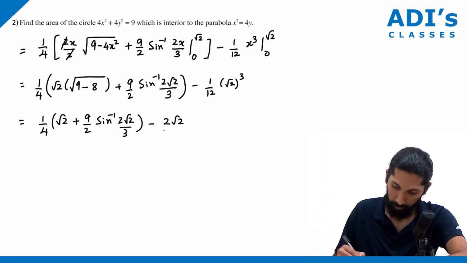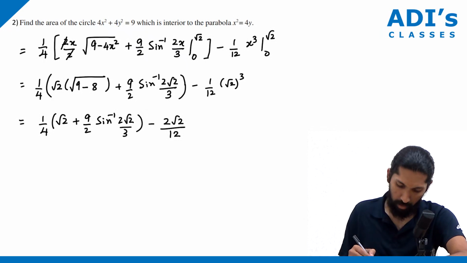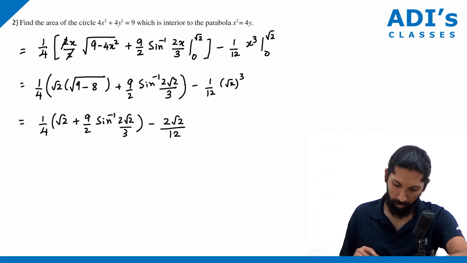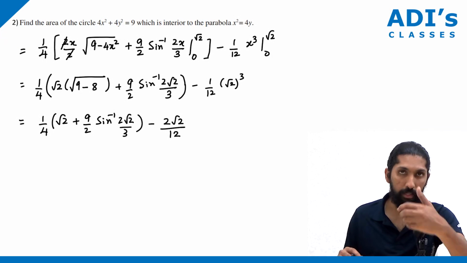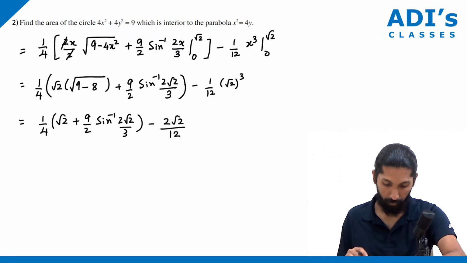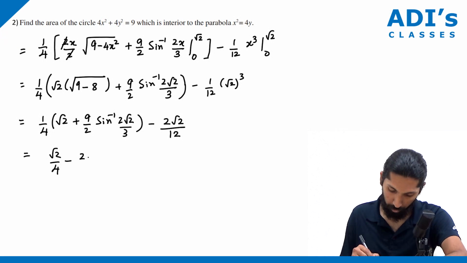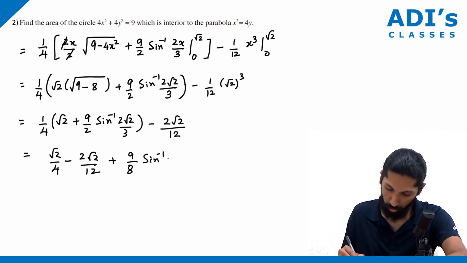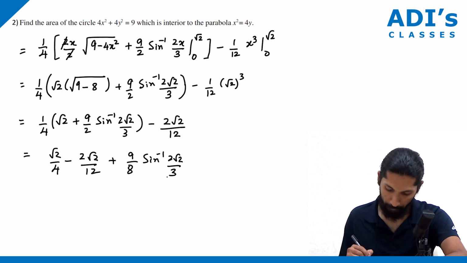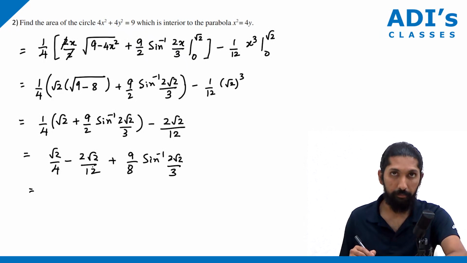2 divided by 12. I think there is not much you can do about it here unless you take an LCM. So if you take the LCM, you get root 2 by 4 minus 2 root 2 by 12 plus 9 by 8 sine inverse 2 root 2 by 3. The only simplification we can do here is take 12 as the LCM.